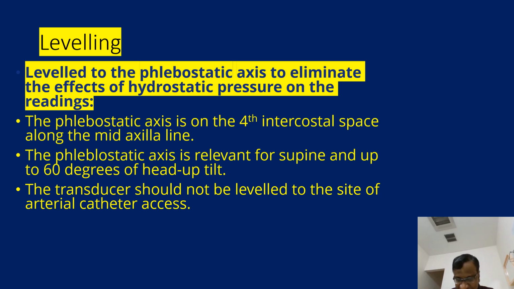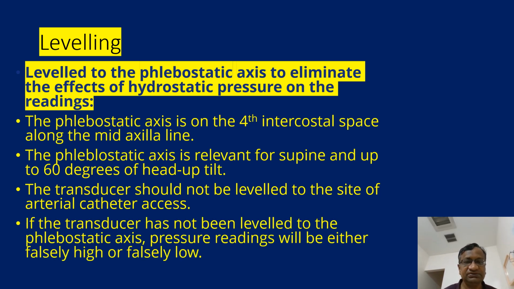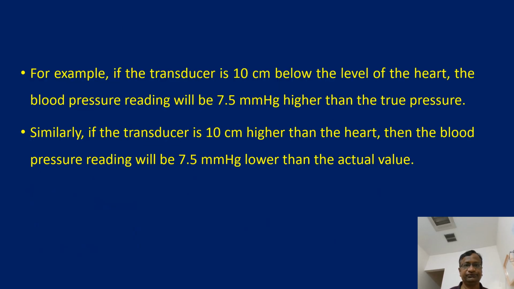Transducer should be at the level of the phlebostatic axis and not at the level of the arterial catheter. If the transducer is 10 centimeter below the level, BP is 7.5 millimeter higher. If the transducer is 10 centimeter higher, your BP is 7.5 millimeter lower.